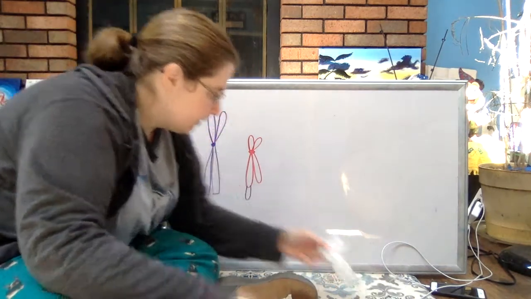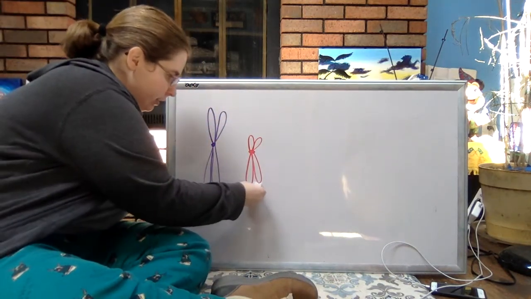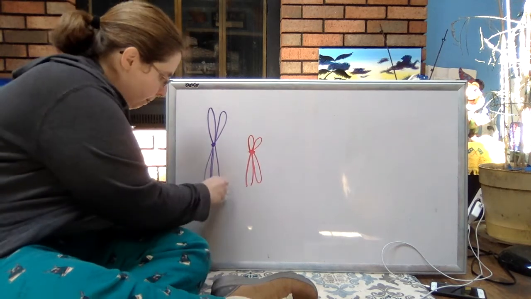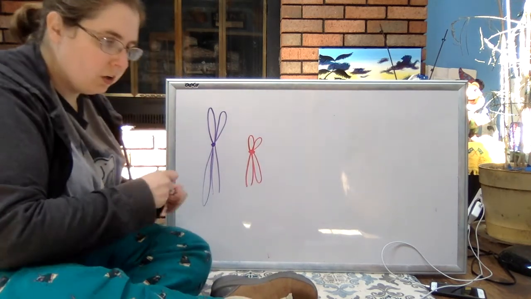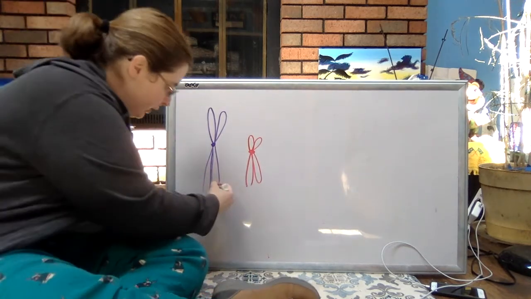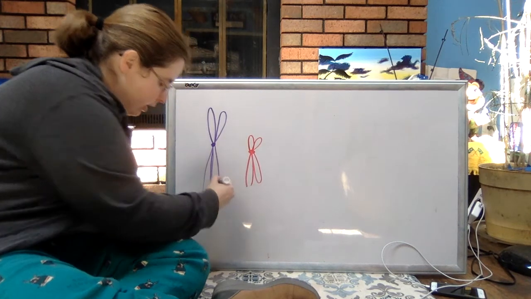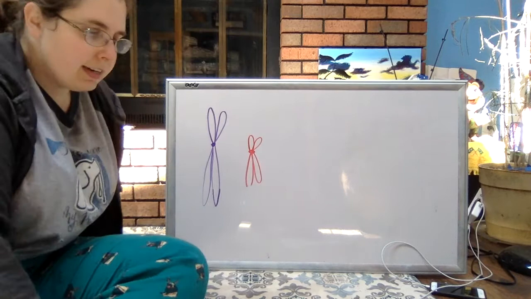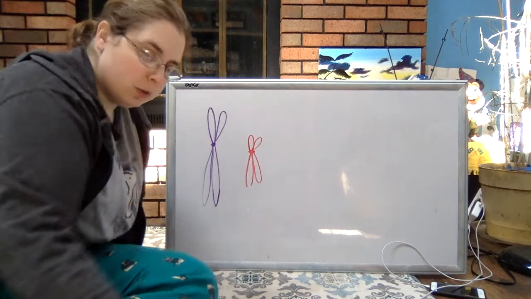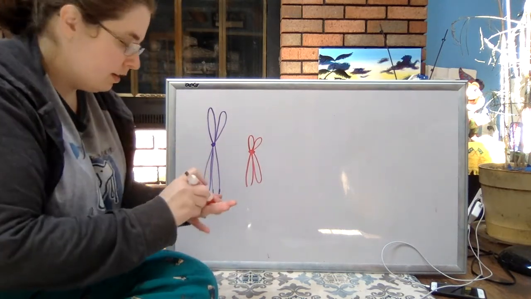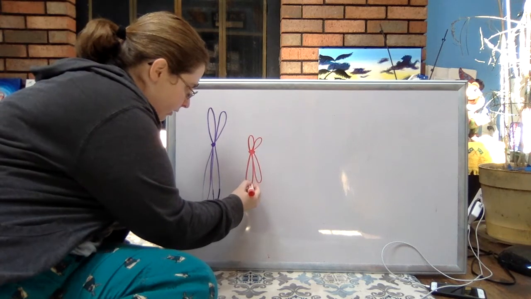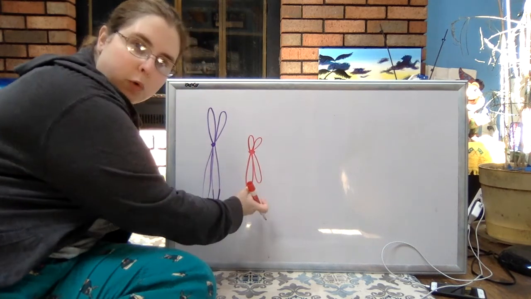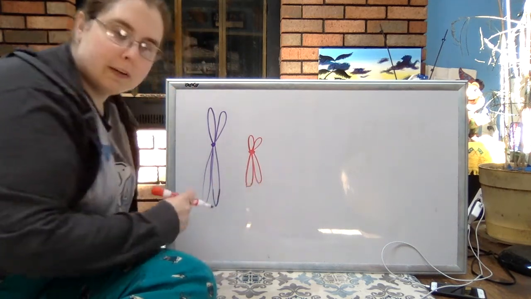Speaking about non-homologous, the other type is called a reciprocal translocation. Now, reciprocal kind of means it goes both ways. Now, in the Robertsonian, what we saw was that it was just a one-way transfer from the purple to the red.